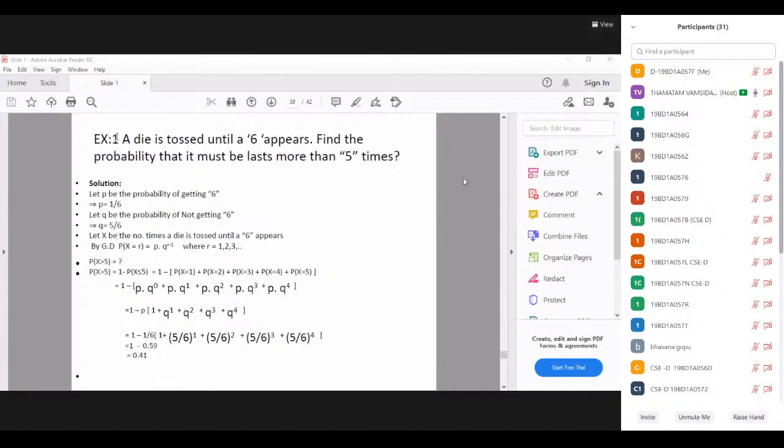Now once all of you see that question: a die is tossed until 6 appears. Find the probability that it must be more than 5 times.